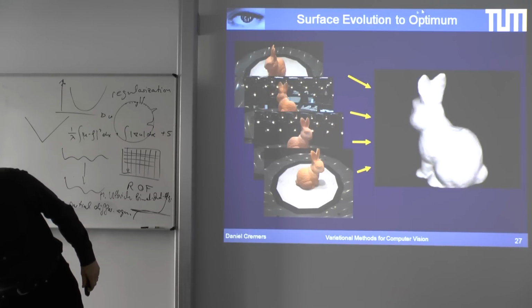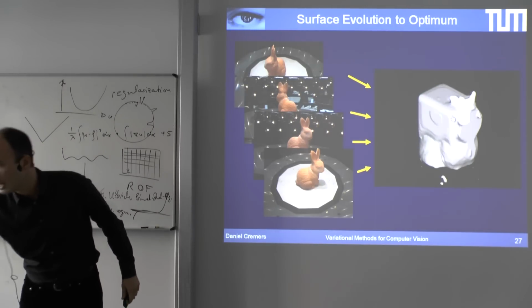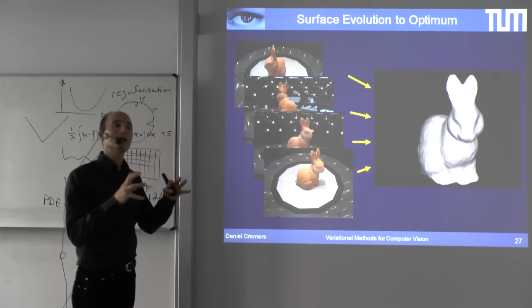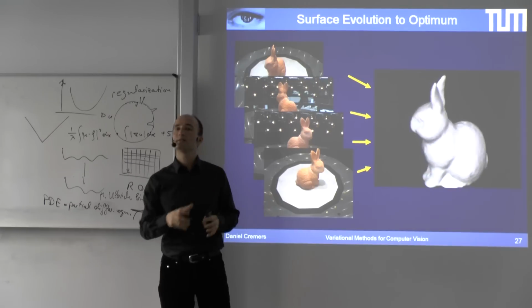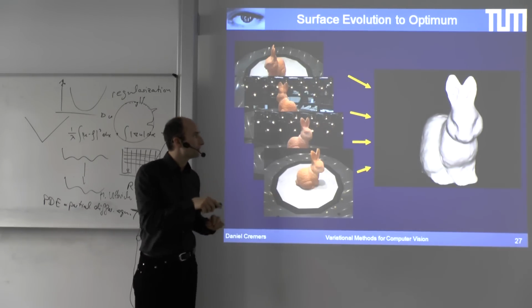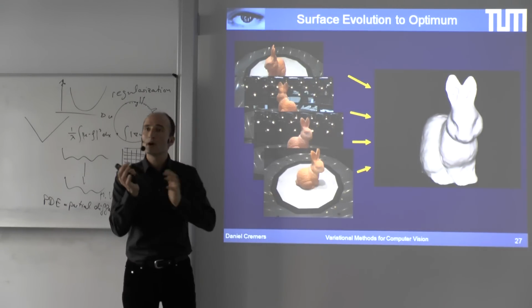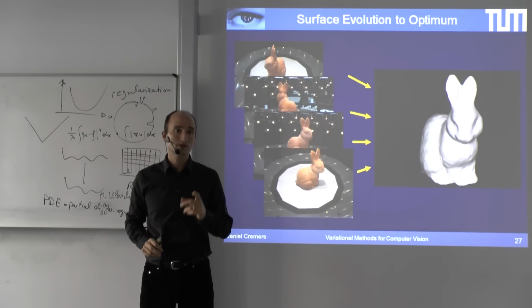Maybe I'll run it again. We initialize randomly in a block, and then with the gradient descent in the space of surfaces, you move the surface in such a way to better fit to the image data. And once it's converged, it means any modification of the surface doesn't lead to an improvement of the matching.